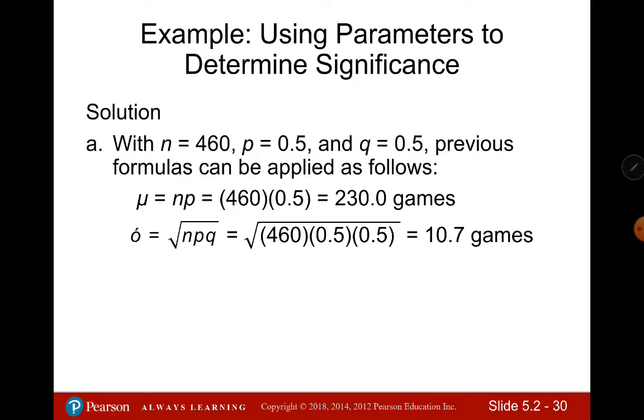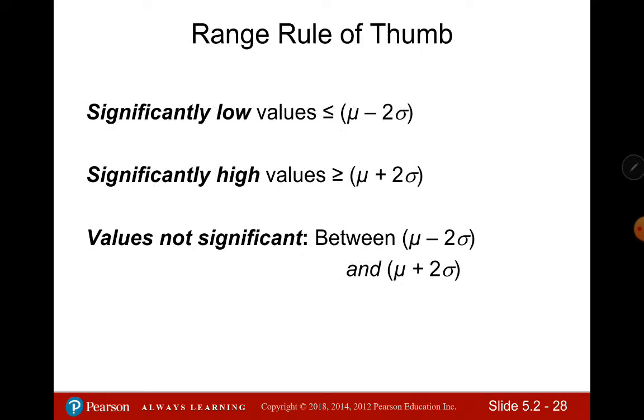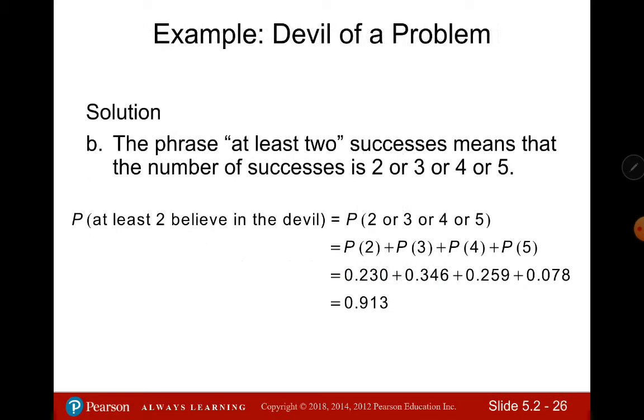Remember, in this case, 460 is our n, and p is 0.5. Suppose the probability of win and lose are equally likely, so it's 0.5. We can go back to check the question to help you understand.